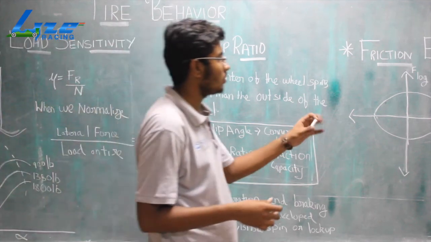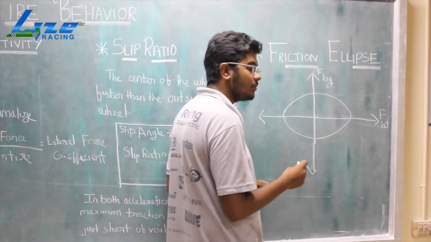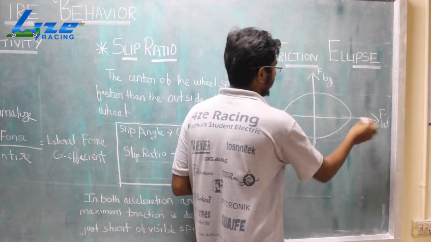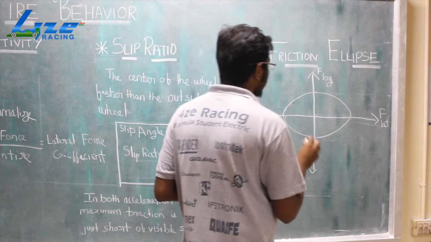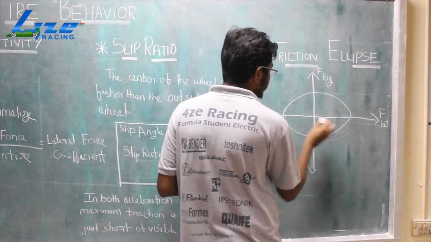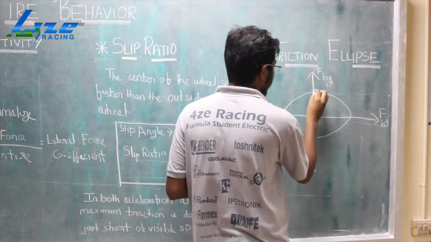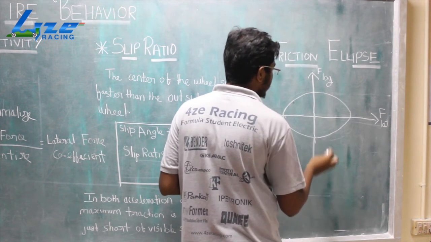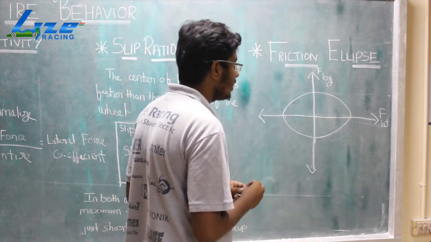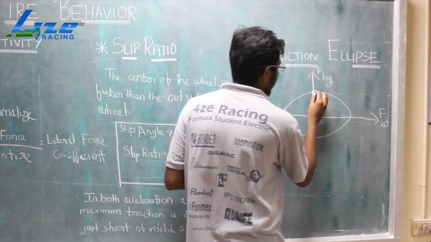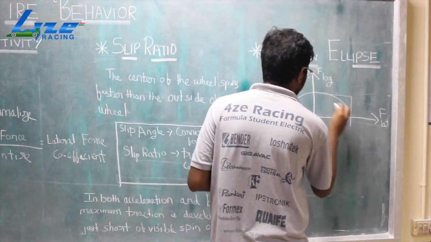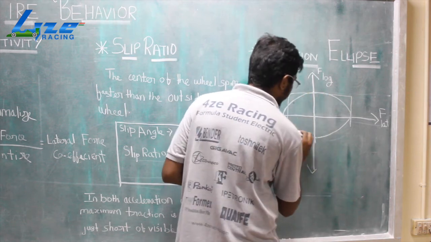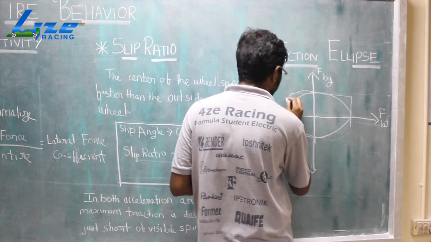Now we go to the friction ellipse. The friction ellipse is a graph between the lateral force and the longitudinal force. Here we can see that these points give us the maximum lateral force and these points give us the maximum longitudinal force. There are many different sets of tires for which the graph changes. Some have this kind of rectangular shape, some have a total circular shape.